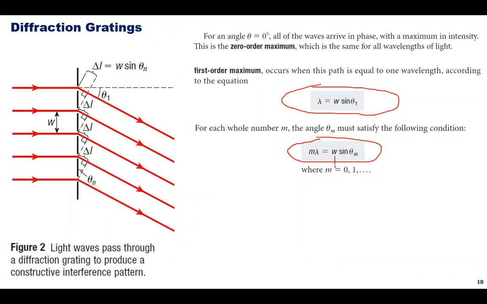So if W is fixed for different m, we have sine theta m equals m lambda over W, right? Because red light and green light have different wavelengths lambda, their angles theta m for each m-th order fringe could be different.